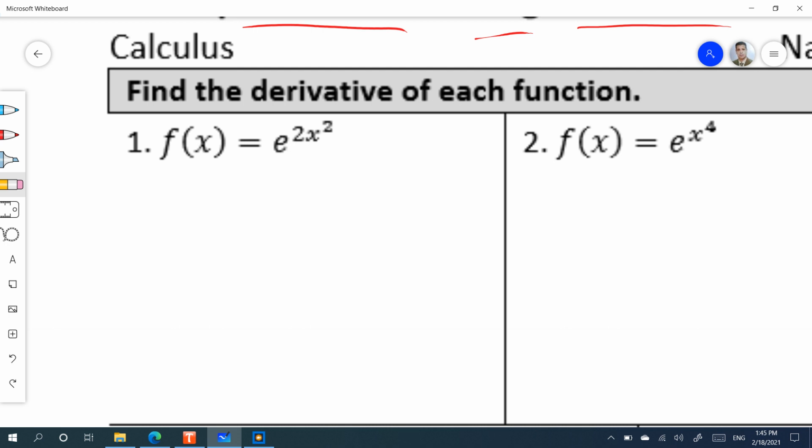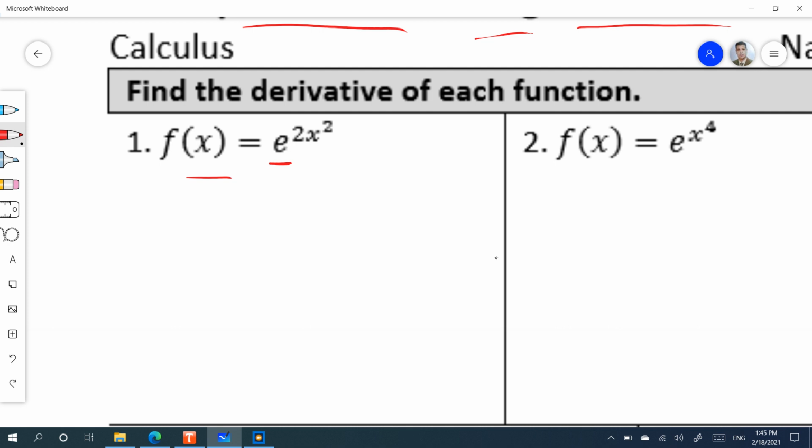First example: the function f of x equals e to the power 2x squared. We want to differentiate this function.